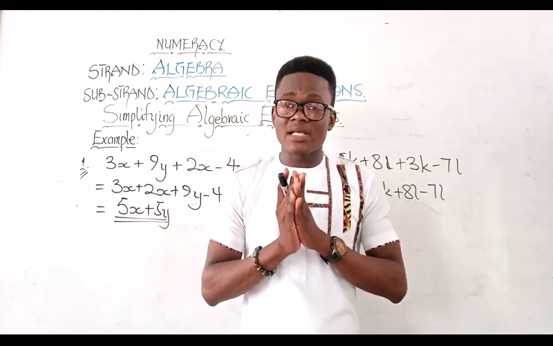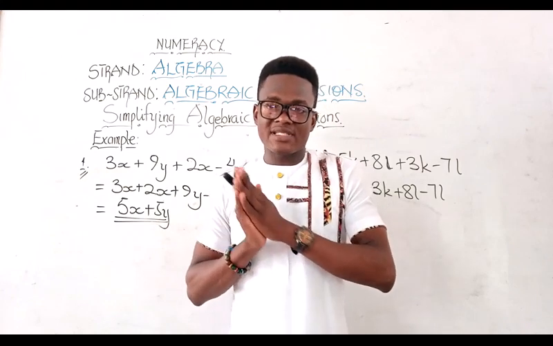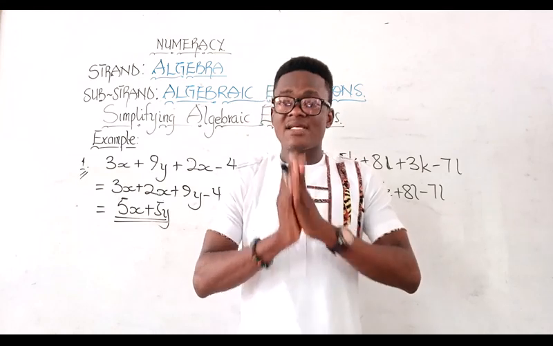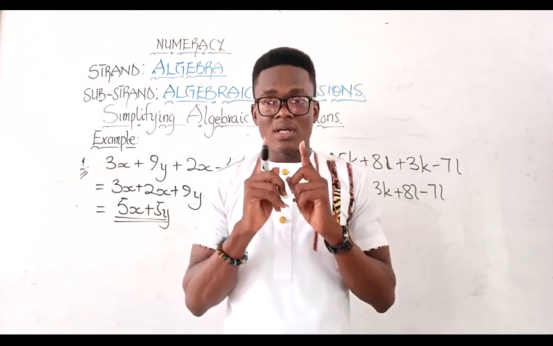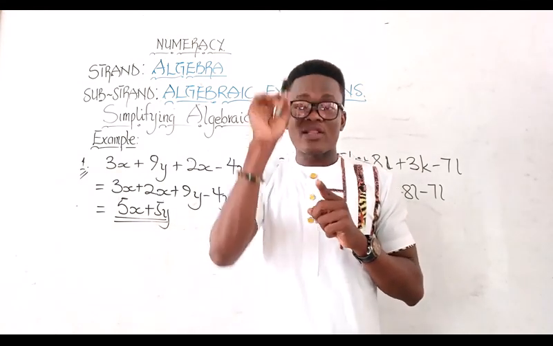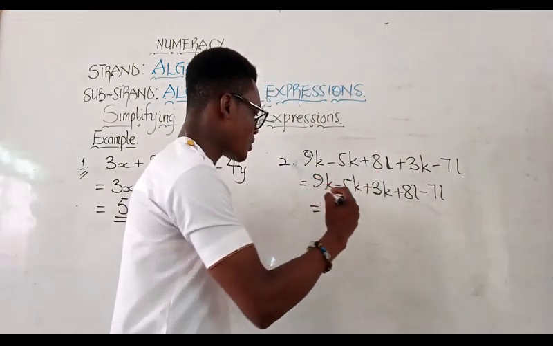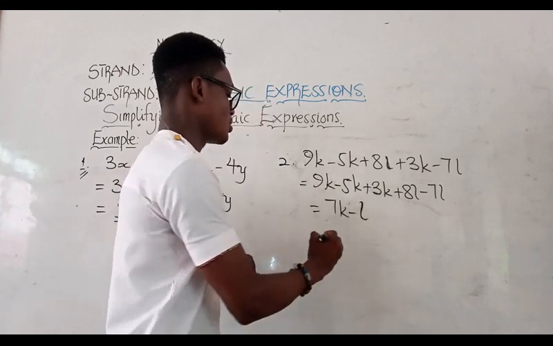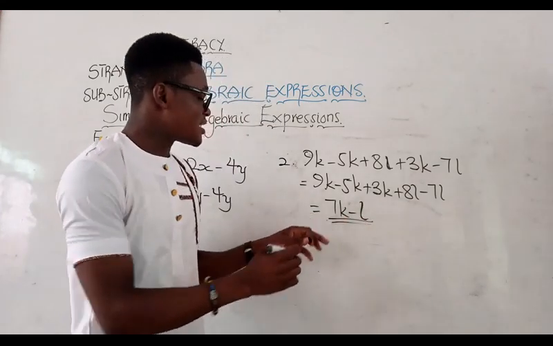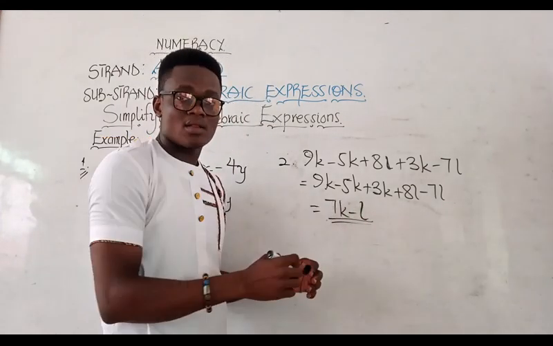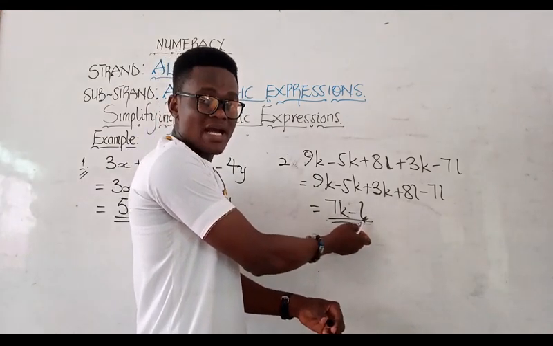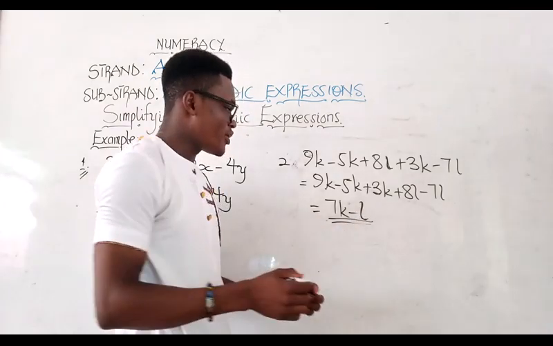We don't normally write the 1 on the variable. For instance, if we have a, we don't see 1a. We don't write 1a. When you see a variable standing on its own, there's an invisible 1, but we don't write the 1. So over here, our final answer will be minus L. So the final answer is 7k minus L. I believe you are clear with it. Thank you.